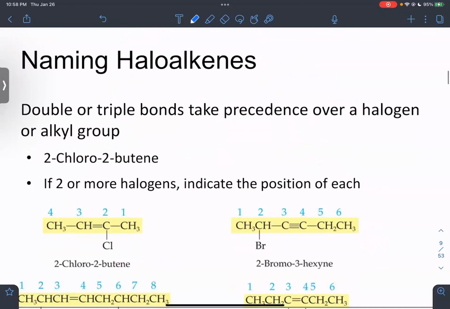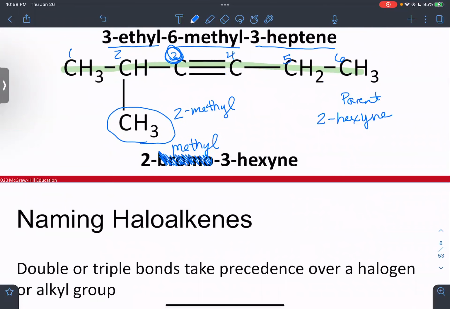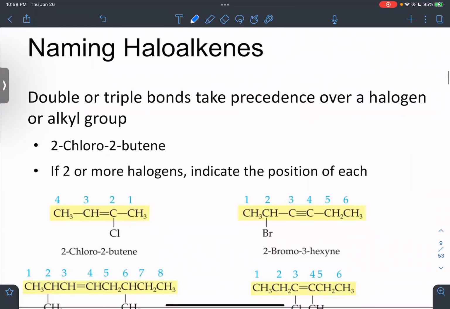Now, you can also have substituents that are halogens. When you have a halogen substituent, wait and let those double bonds or triple bonds take precedence. Use those double bonds or triple bonds to know your numbering before you worry about anything else.